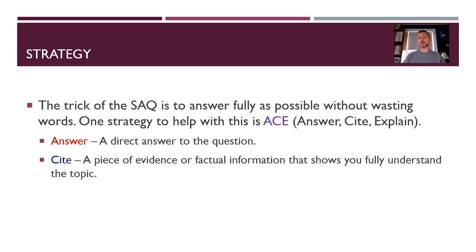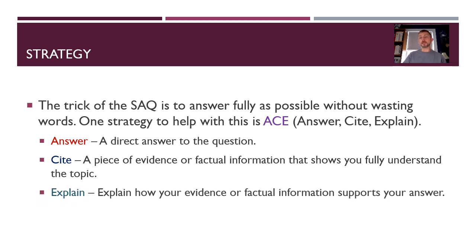Cite is where you give some information or evidence that shows that you really understand the topic. This is a good place to use your vocabulary, the words that you are learning in class. Citing some information helps show the reader that you truly understand. And then explain is probably the more difficult part for many of us.